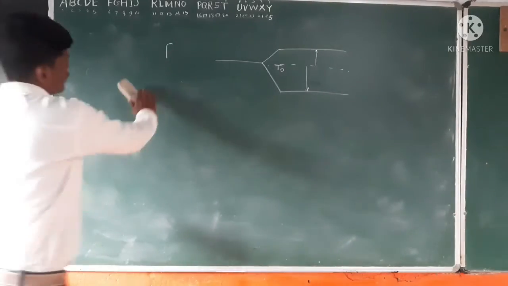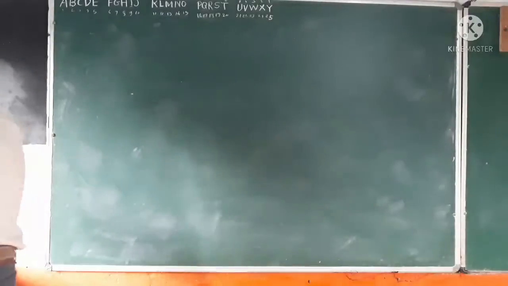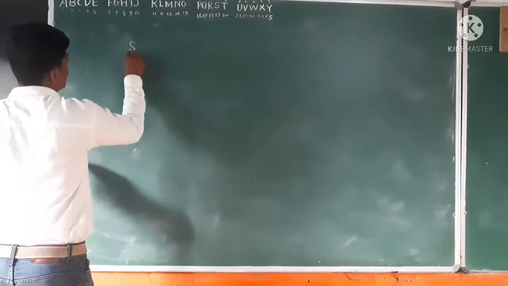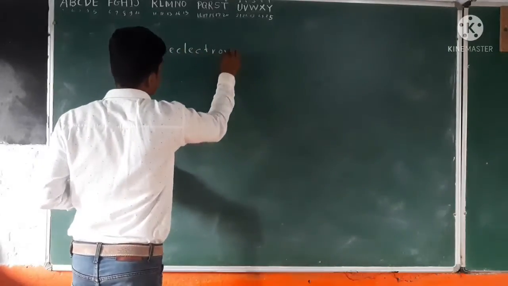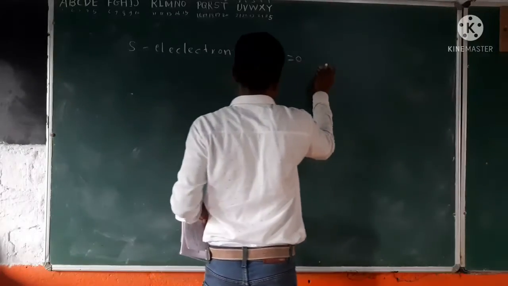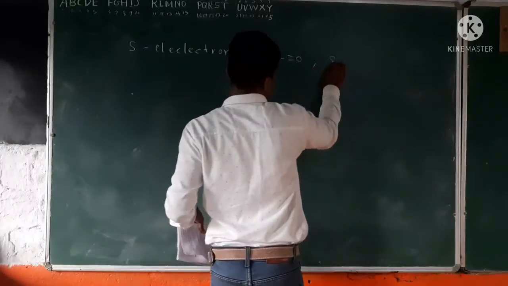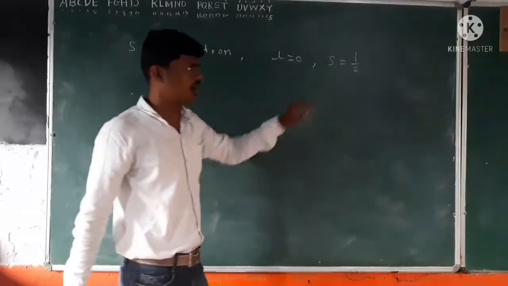Let's calculate for an S electron. Obviously it is an S state. For a single electron, the electron spin angular momentum value is half.